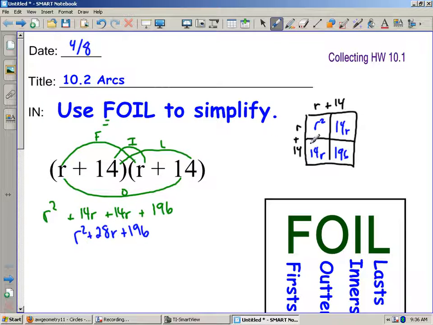If we combine all of those like terms, basically we're combining this diagonal and leaving these alone, and when we combine them we end up back at that. So that's another way of thinking of FOIL, either the area model or the FOIL method. You need to know how to do this as we go along.